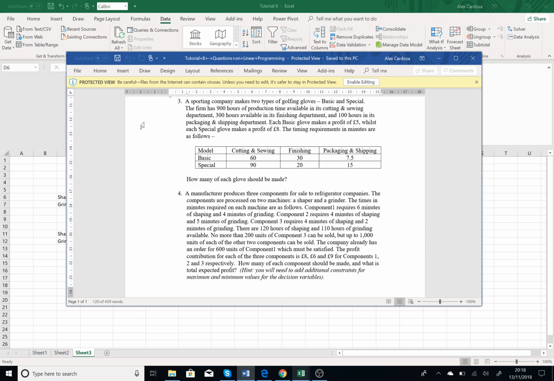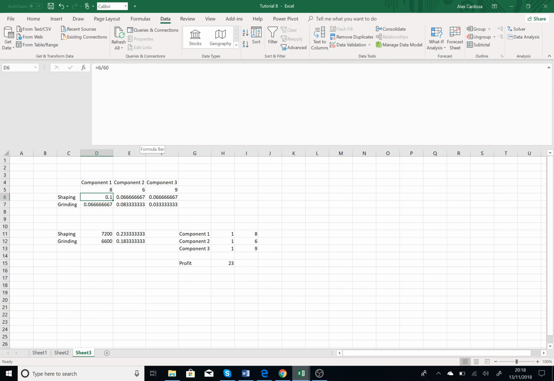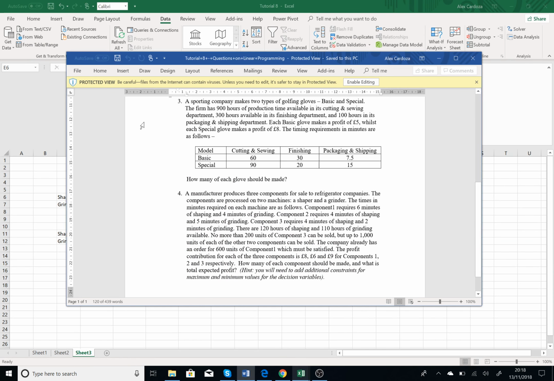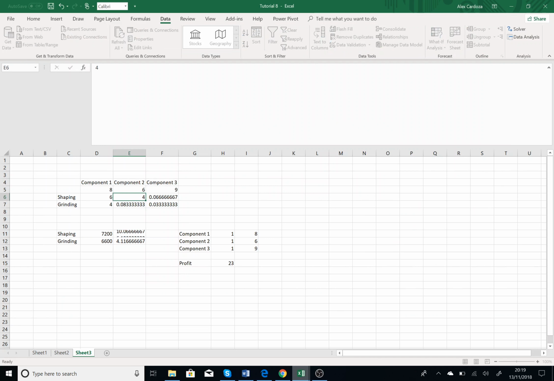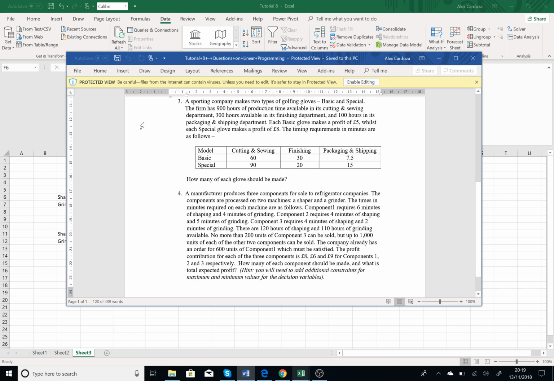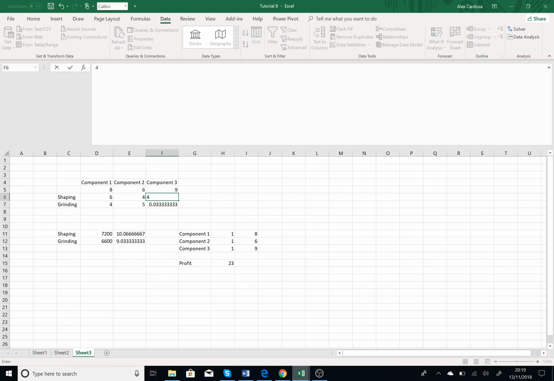So component 1, 6, 4. Fine. And then we do 4, 5. And then we do 4, 2.